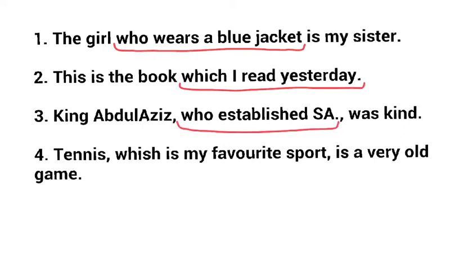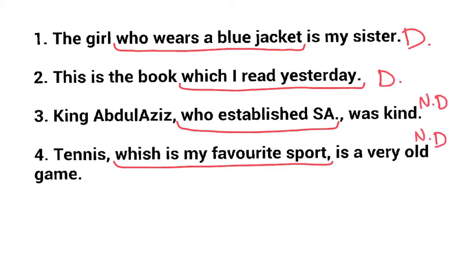In number 3, who established Saudi Arabia, and here, which is my favorite sport. Then you must decide if it is defining or non-defining. Number 1, as we said before, defining, and number 2, defining, and number 3, non-defining, and number 4, non-defining.